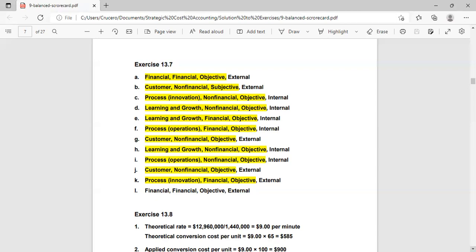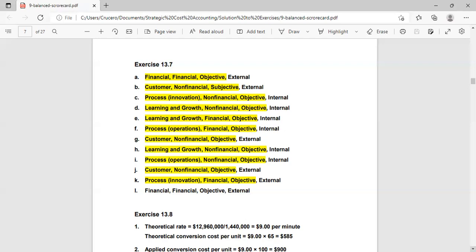Then for letter I, first pass yield. Letter I is process, operations, non-financial, objective, but internal. Next, letter J, on-time delivery percentage.